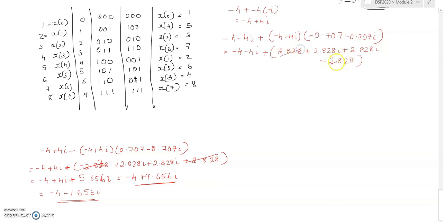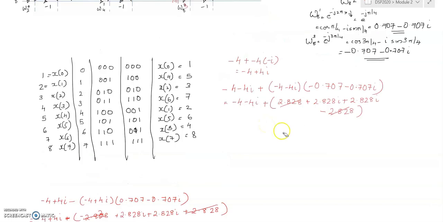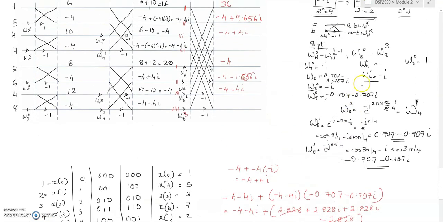We cancel off these two terms, and we get the output as -4 minus 4i plus 5.656i, making it -4 plus 1.656i. That will be the output on the top arm.